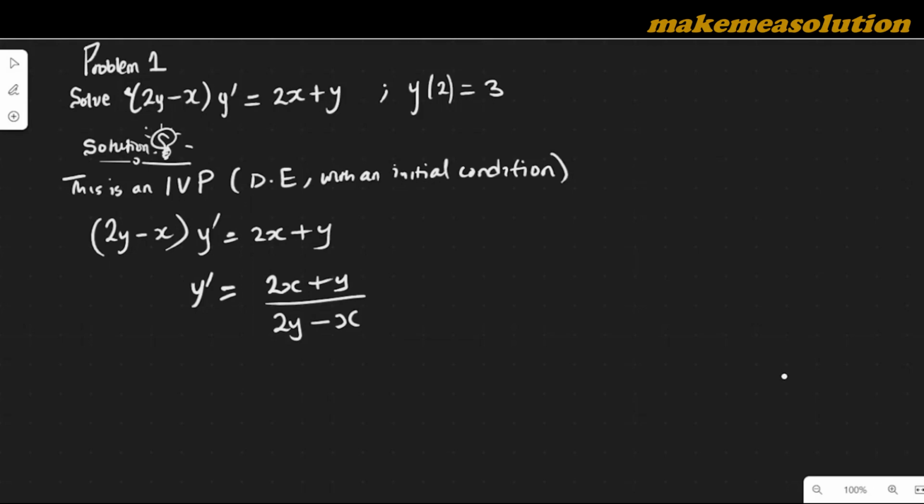And do you remember the homogeneity test? Let me just refresh your mind on the two tests that you can carry out to test for homogeneity. For instance, you need an f of x comma y, such that if there is a lambda, which is a non-zero constant, f of lambda x and lambda y should be lambda to the n times f of x comma y.